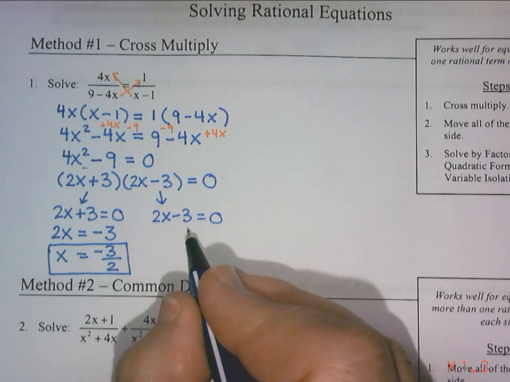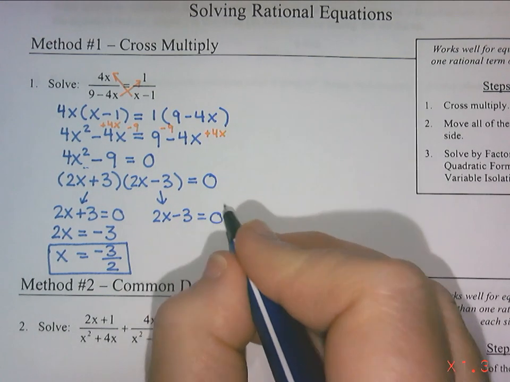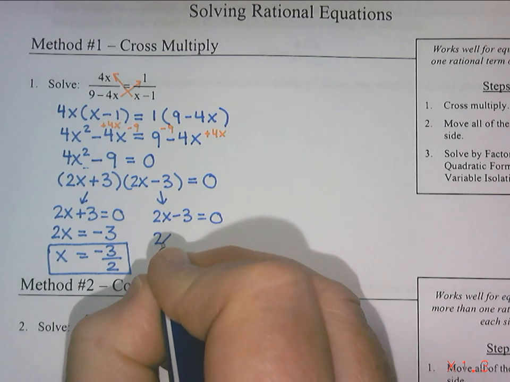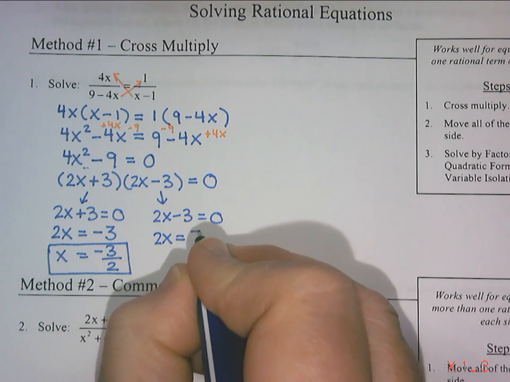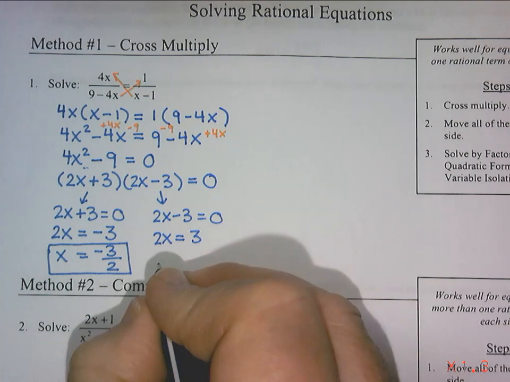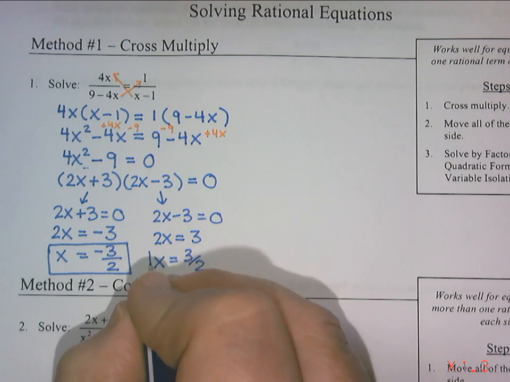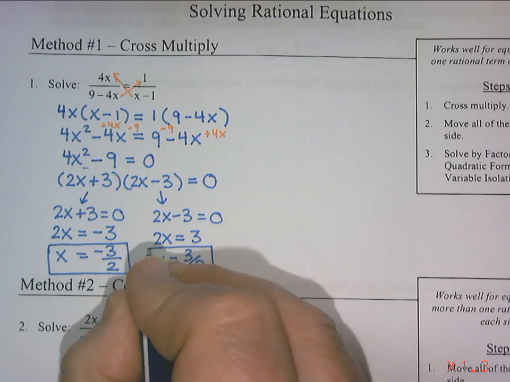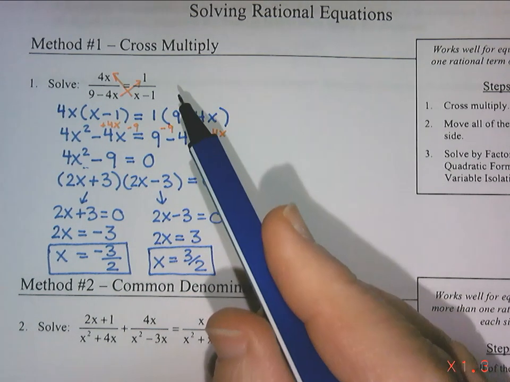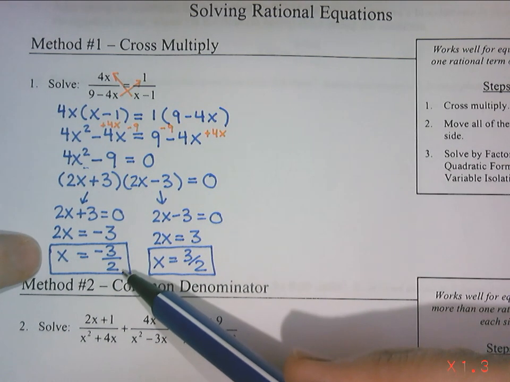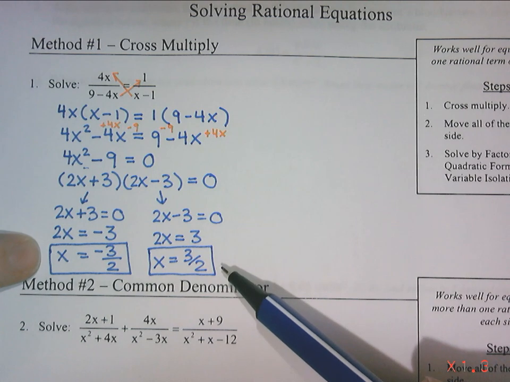From my second one, same idea. I'm going to add 3. So 2x equals 0 plus 3, which is 3. Then divide by 2 to get x equals 3 over 2. So there are two different possible values that would make this equation true, negative 3 over 2 and positive 3 over 2.